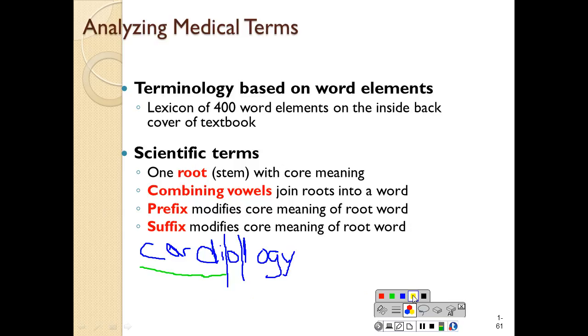Then we have our combining form. Then we have our suffix. Each of these means something. Cardi means heart. O is just the O. And then logy talks about the study of, which gives us the whole meaning of the word: the study of the heart.